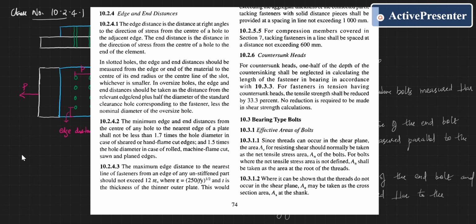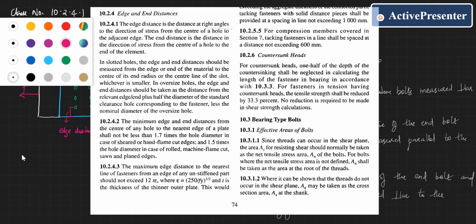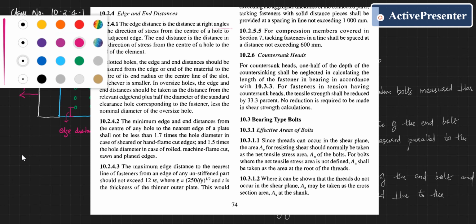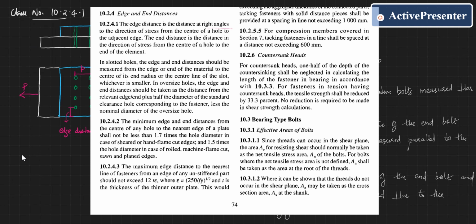As you can see here, the edge and the end distance, 10.2.4: the edge distance is the distance at right angles to the direction of stresses from the center of a hole to the adjacent edge. The end distance is the distance in the direction of the stresses from the center of the hole to the end of the element. So I hope it is clear for you.